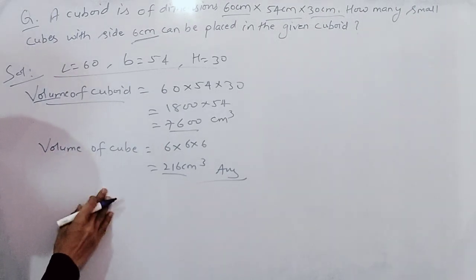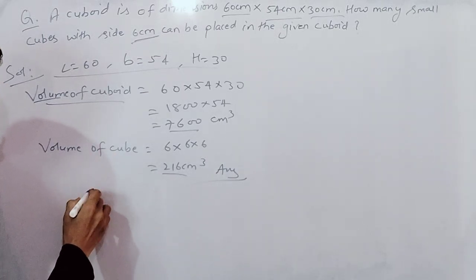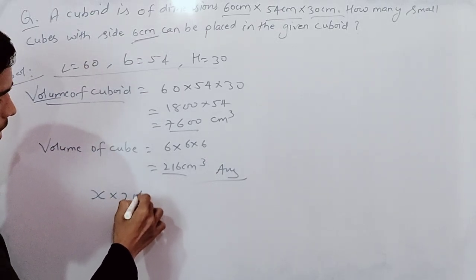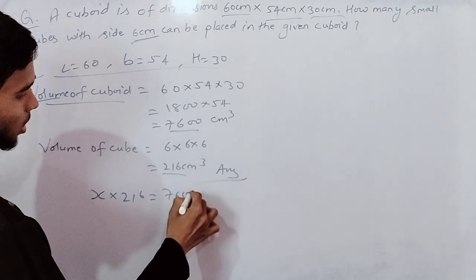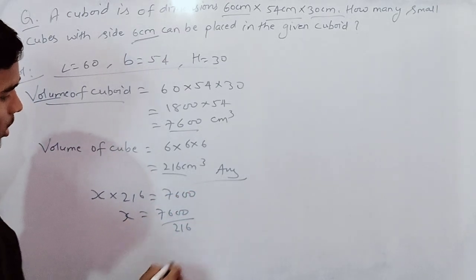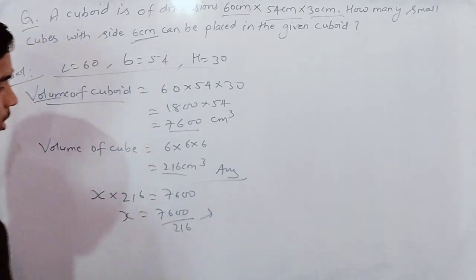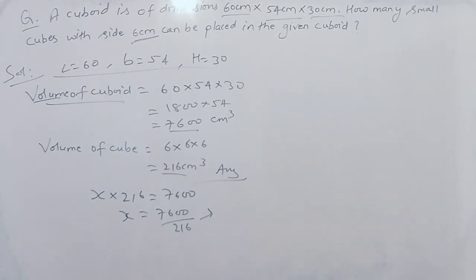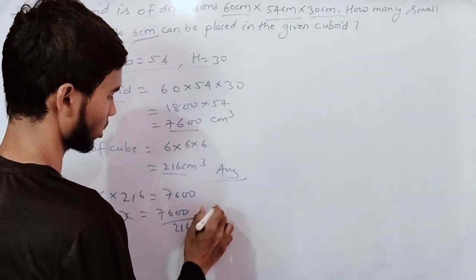Let's say we don't know the number of cubes, x. X multiplied by 216 equals the volume, so we divide to get the number of cubes.